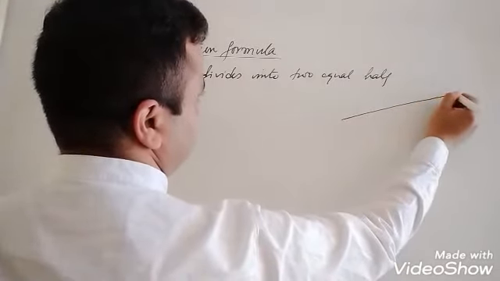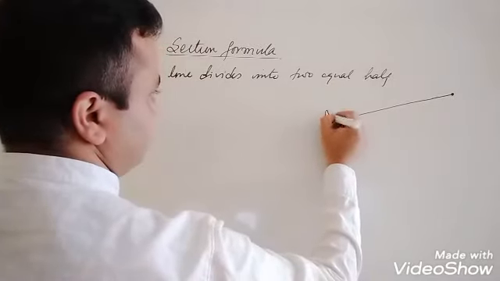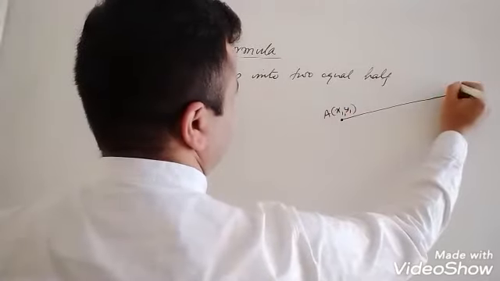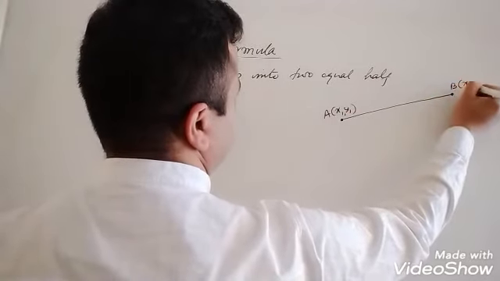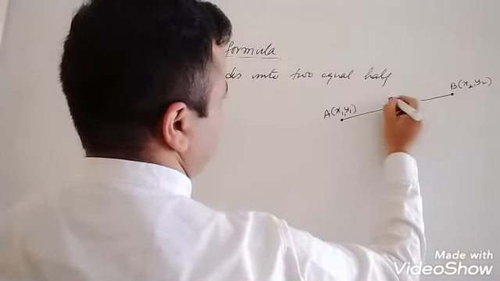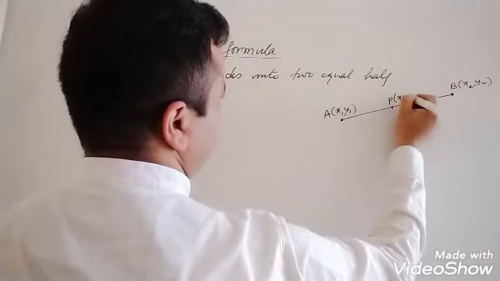So this is A x1 y1, this is B x2 y2, and this is a point P, x comma y.